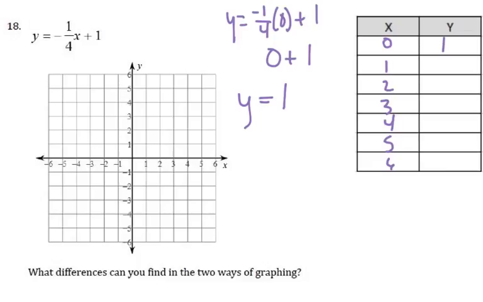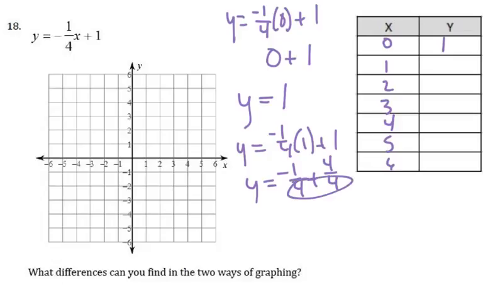Then 1. Y equals negative 1/4 times 1 plus 1. Negative 1/4 times 1 is negative 1/4. Negative 1/4 plus 1. Well, we can change that 1 to a fraction, right? 4 over 4 is still 1. Same denominators. Negative 1 plus 4 is 3 over 4, which is 0.75. You guys would like the 0.75 better.